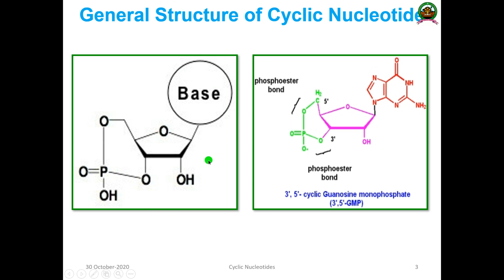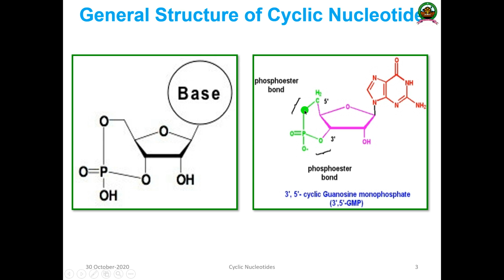Here you can see an example, cyclic GMP, guanosine monophosphate. Guanine, a nitrogenous base, comes under purine, and the N9 and C1 bond is a glycosidic linkage. Then we have C2, C3 and C5. At C3 there is a hydroxyl group, and at C5 there is a hydroxyl group, and these hydroxyl groups interact with the hydroxyl groups of the phosphate group.